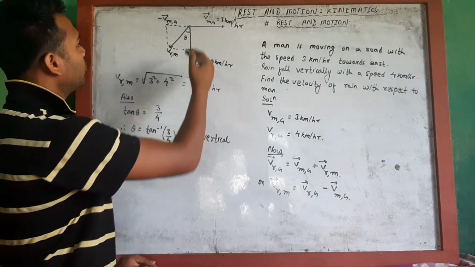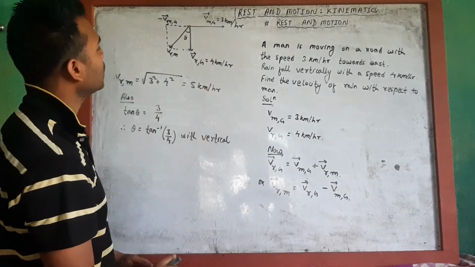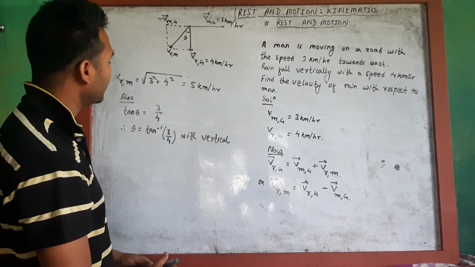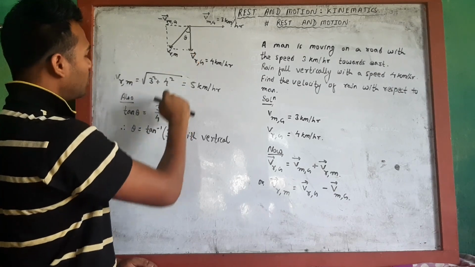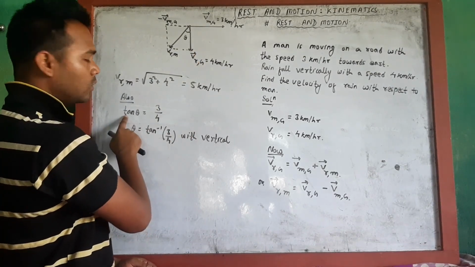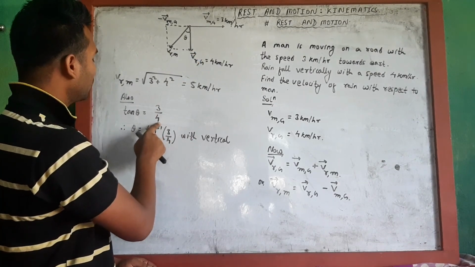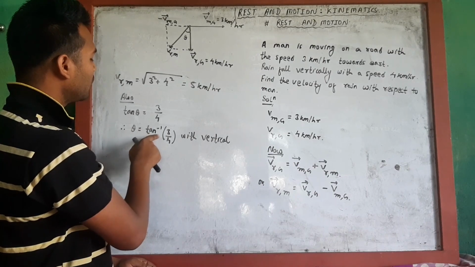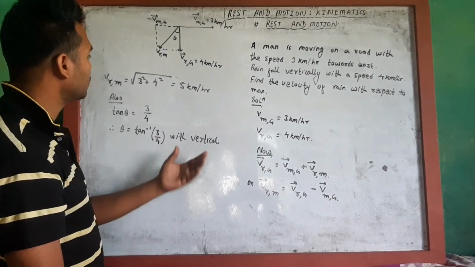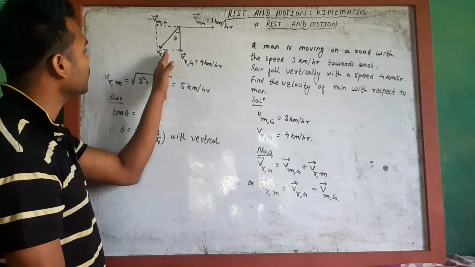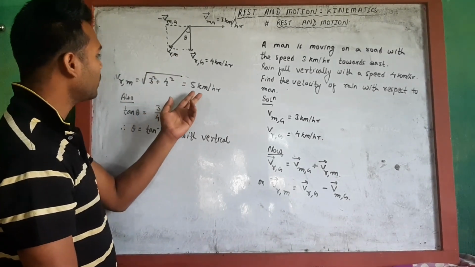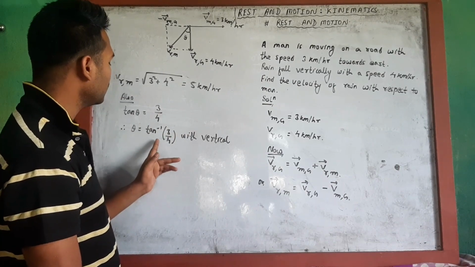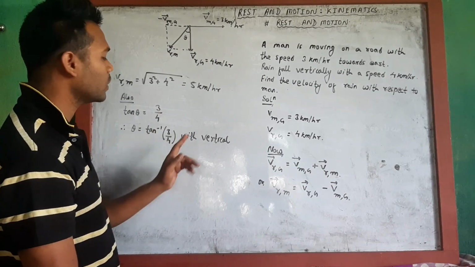Again, to find the direction of the rain with respect to the man, let the direction be theta with respect to the vertical direction, and thus we get tan theta equals 3 by 4. Therefore theta is equal to tan inverse 3 by 4 with vertical. That's why the velocity of rain with respect to man is 5 km per hour in the direction tan inverse 3 by 4 with vertical.